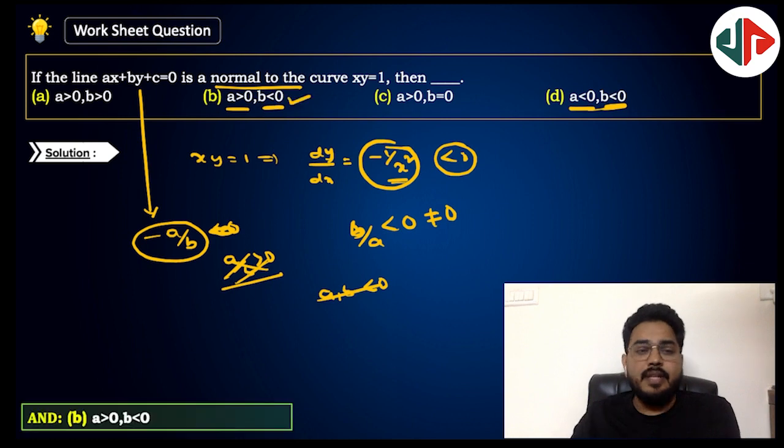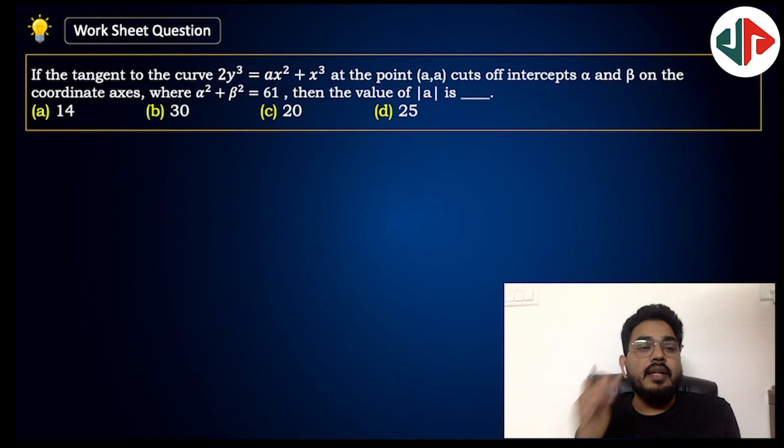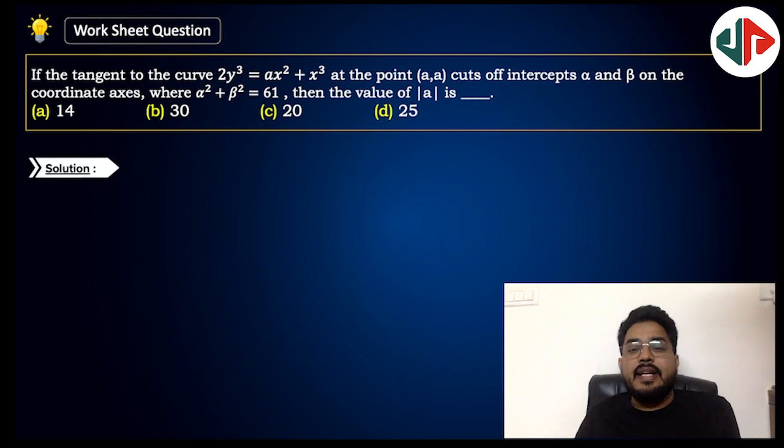The answer is B. If the tangent to the curve 2y square is equal to ax square plus x cube at the point a comma a cuts the intercepts of alpha and beta on coordinate axis. So here they are talking about the tangent equation only.